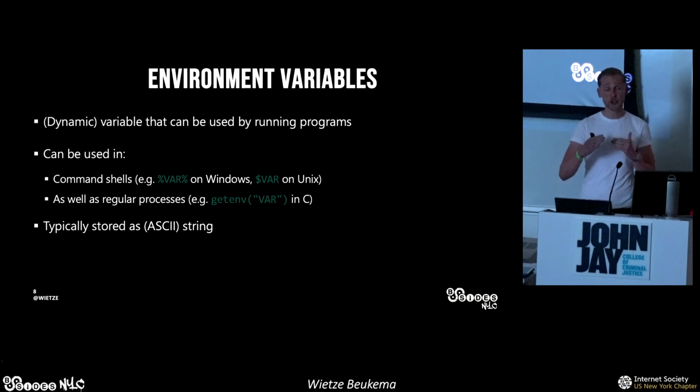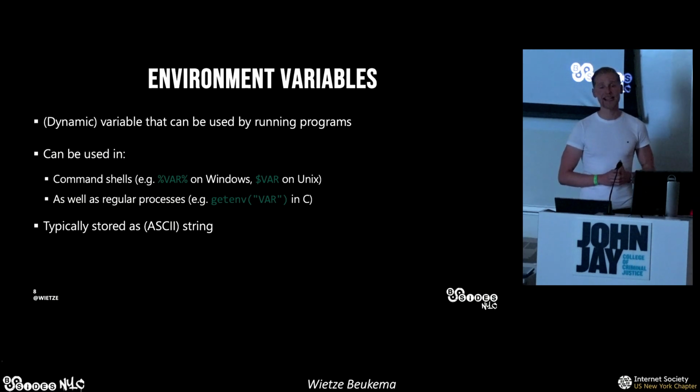You can set these in scripts or on operating system level and then use them further down the script. What you almost would forget is that you can use them in programs as well. So any program can access these variables and use them in the code to change the flow of the program. So in C, you can use getenv, name of the variable, and you will get the value of that variable.